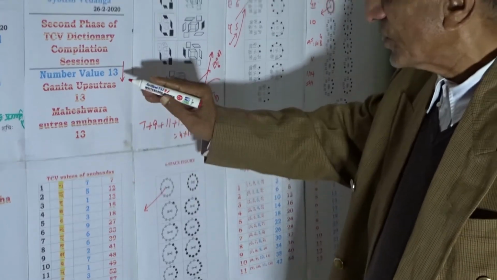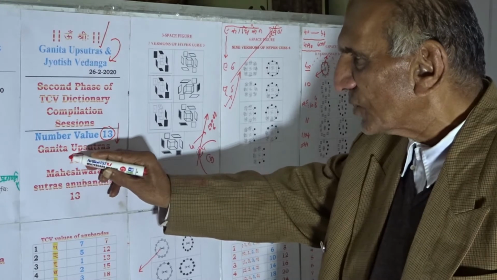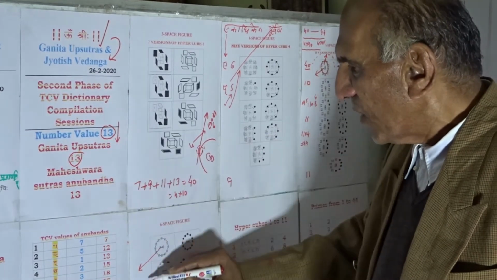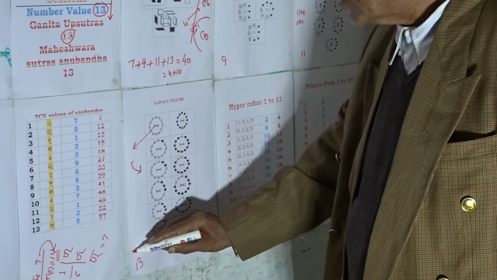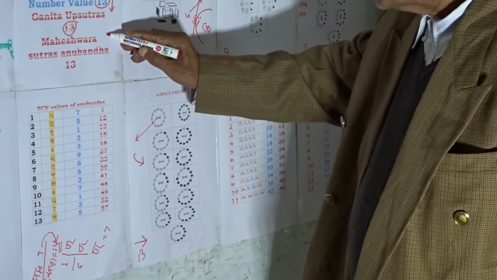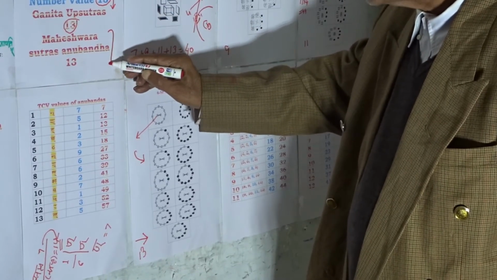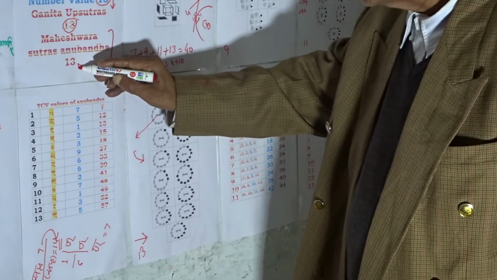Now this value 13, as 13 Ganita Sutras in the format of 13 versions of hypercube 6 as 13 geometries of a 6-space, takes us to the Maheshwara Sutras, which are 14 in number, but Anubandhas are only 13.